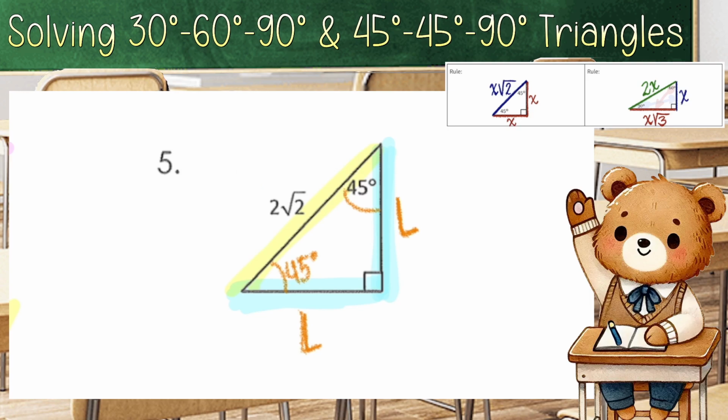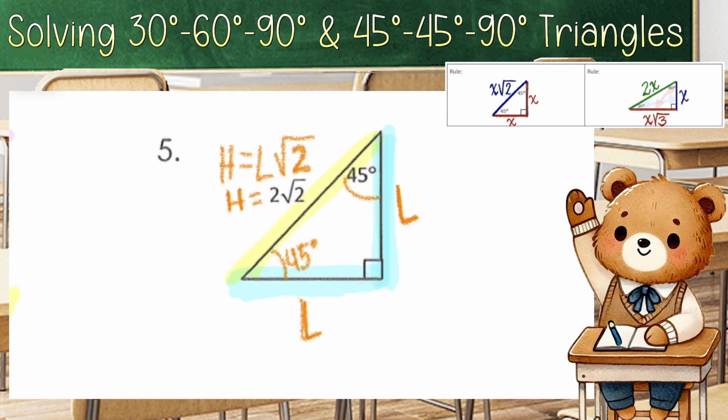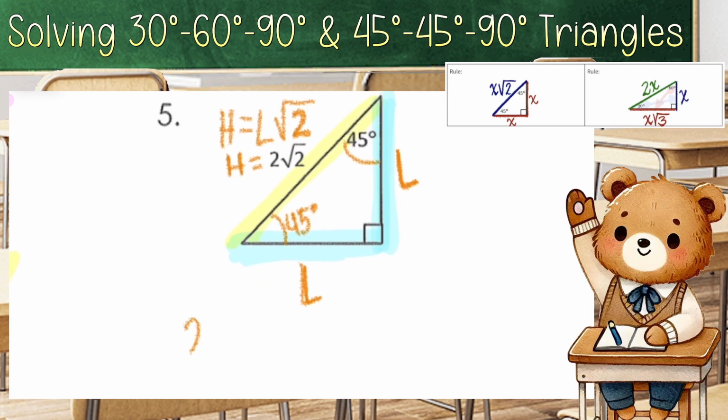Let's write it as H equals L times the square root of 2. Just like that last one, if I know one thing, I can sub it in and solve for the other. So this right here is H, so I know H equals 2 root 2. If I fill that in, I have 2 root 2 equals L root 2.